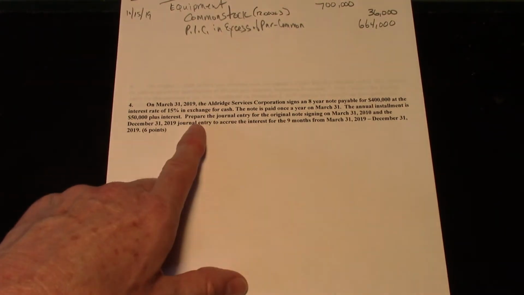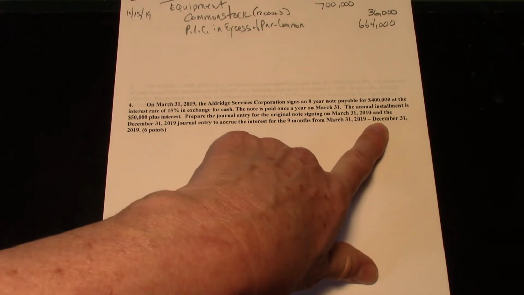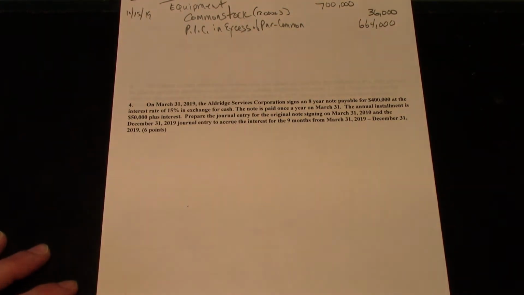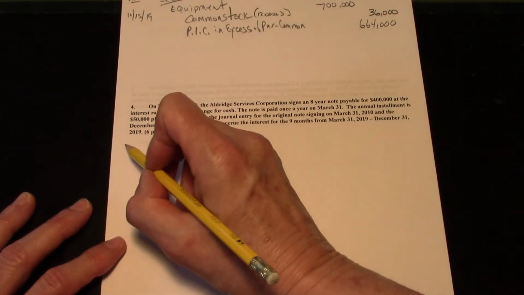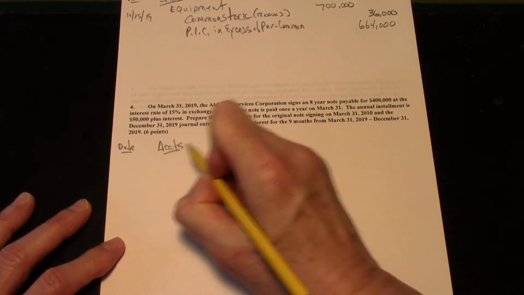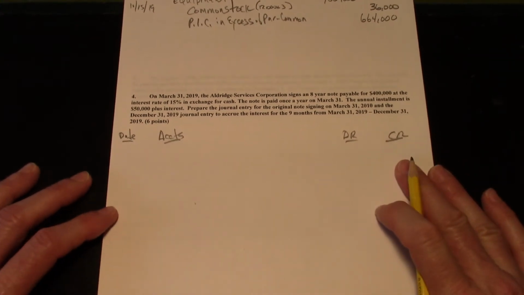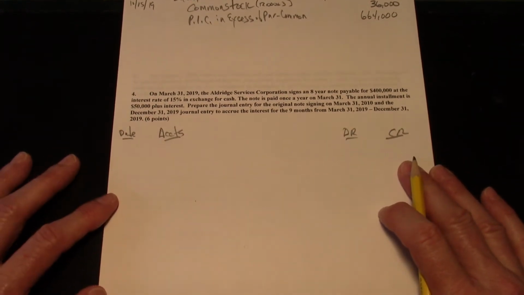Okay, so we're not paying the installment because it's not due till March. But on December 31st, we're going to have to do one of those adjusting entries to accrue the interest. Alright, so 2 journal entries, that's not that many. Date, accounts, debit, and credit. Okay, so the first thing that happens is we sign the notes. We got to get that down.